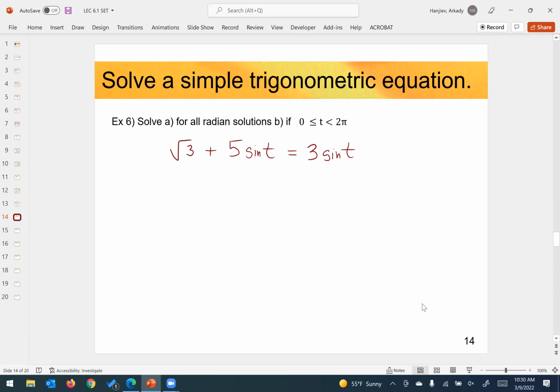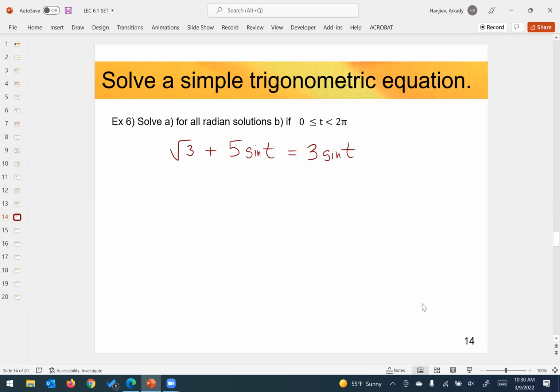Okay, let's go with this one here. So first things first, we notice we are in radian measurements. That's the first thing we notice here. Second of all, we notice that we have a sine t on both sides. Subtract 5 sine t to get the sine t by itself on one side, like we normally do.